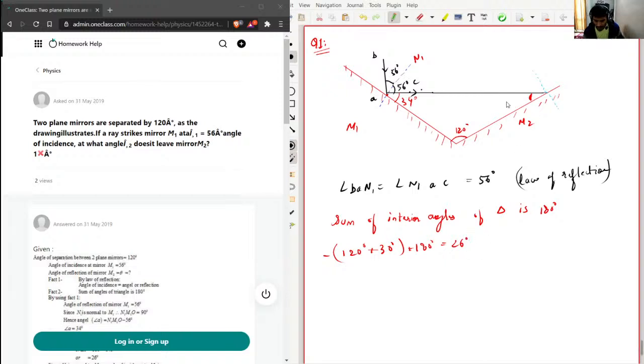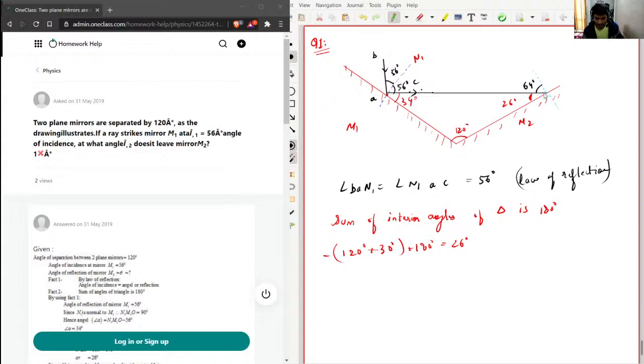So this angle is going to be 26 degrees, and again this whole complete angle is 90 degrees, so I can find this one. This one will be 90 minus 26, which is going to be 64 degrees.